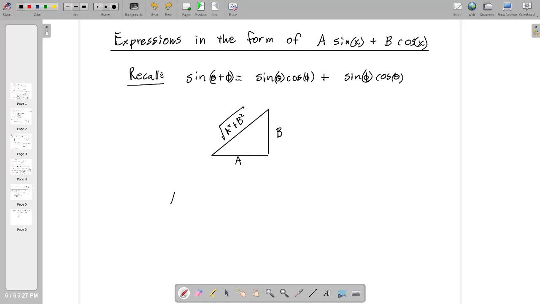Now let's look at the form a sine x plus b cosine x.